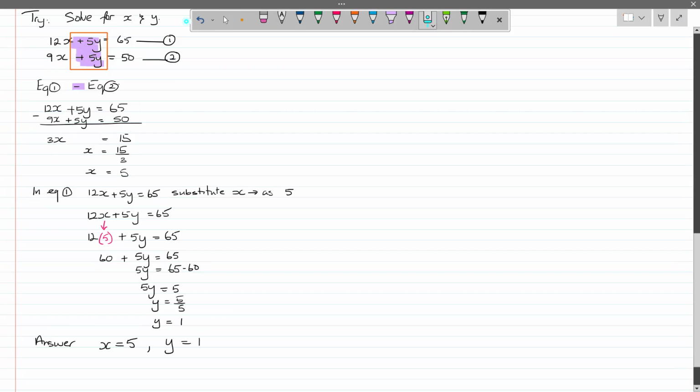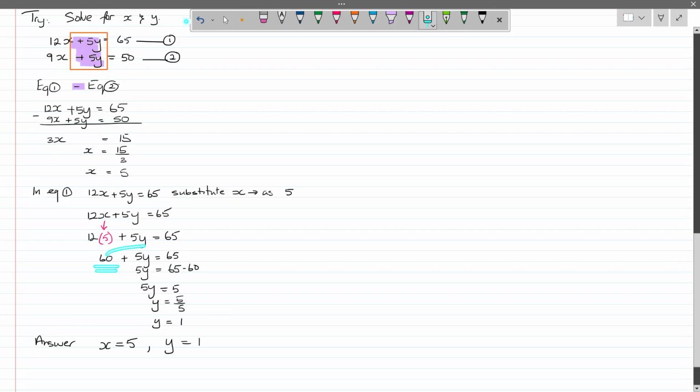Now that I have x is equal to 5, this is the little part where a lot of people get confused. Maybe it's because of the way we word it as teachers. So here I want to say, in equation 1, 12x plus 5y is equal to 35. Substitute x as 5. So instead of writing x, I am replacing that x with a 5. Hope that's clearer. So 12 by 5 would give me 60.